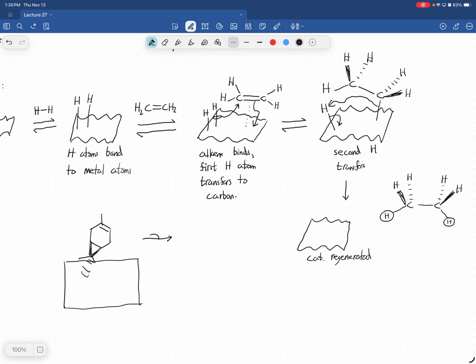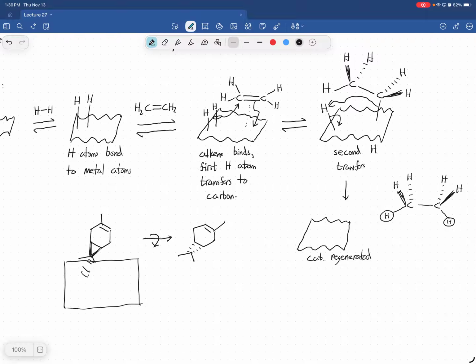So we're going to do a 180 here, where now, okay, I'm going to put my double bond right there, and these are actually going backwards. Okay, so now I'm actually binding on the opposite side.